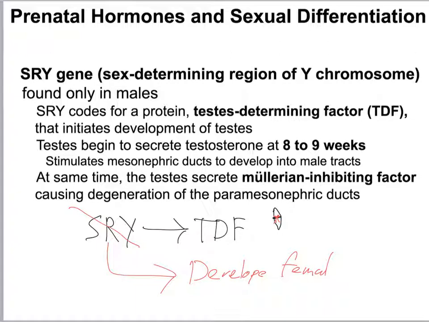Another possibility is, let's say you have a Y chromosome and an X chromosome, and this here is the SRY gene.